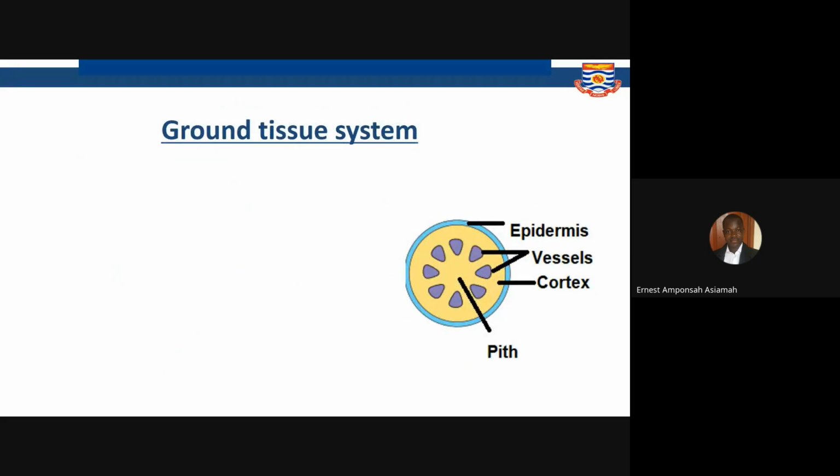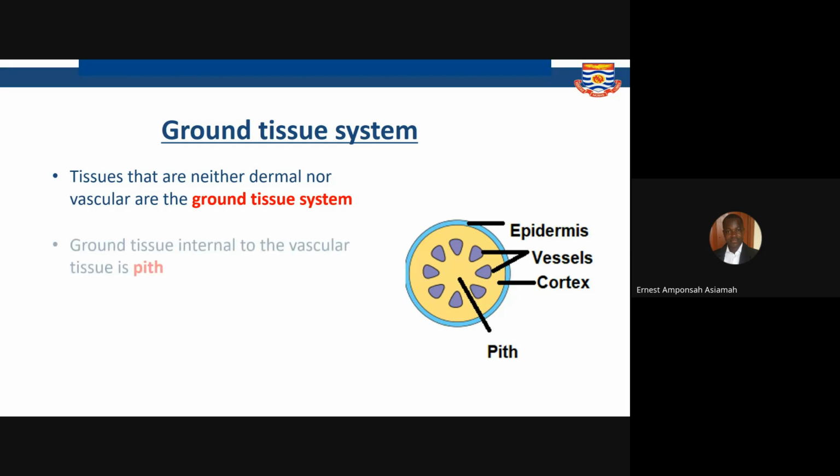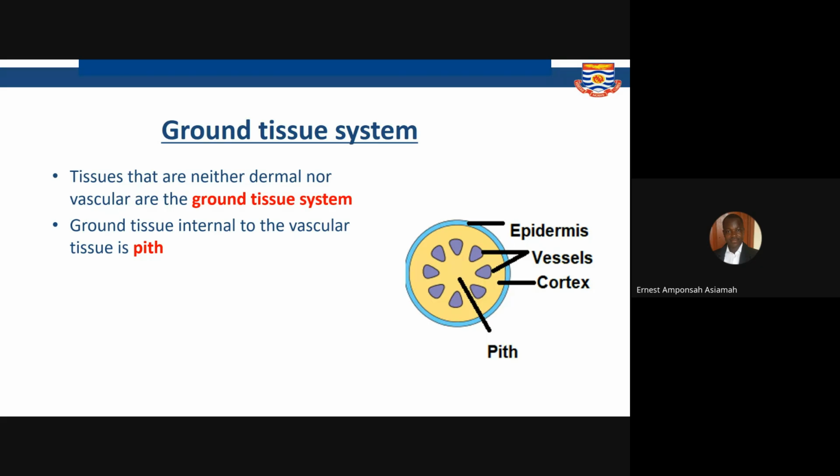Then we comment on the ground tissue. Ground tissues are tissues that are neither dermal nor vascular. In the stem, I've said that the vascular tissue is organized into bundles, strands of xylem and phloem occurring together.